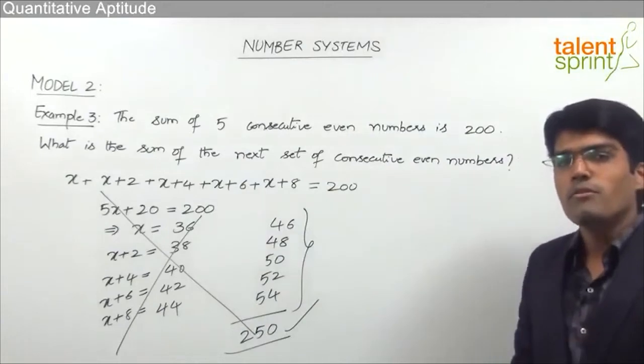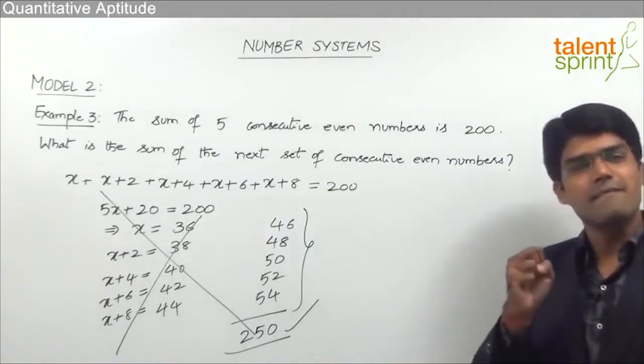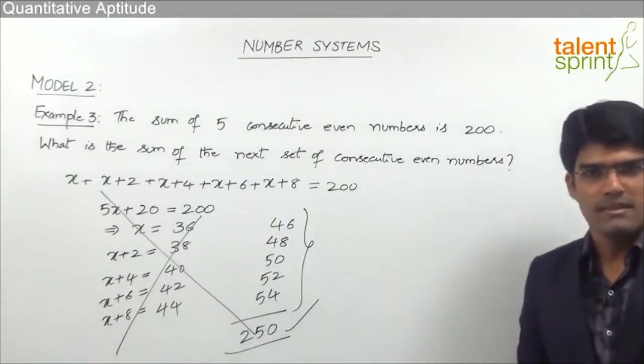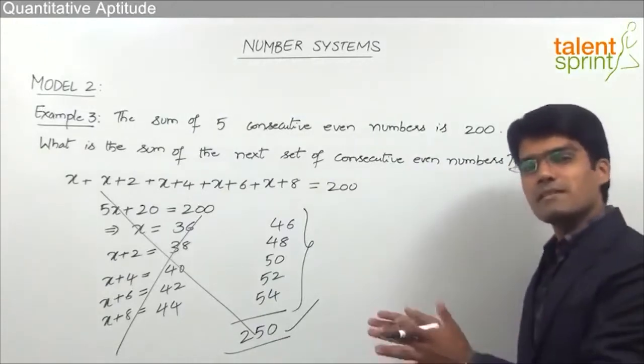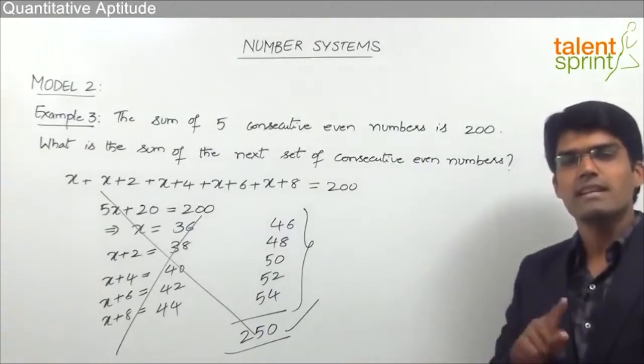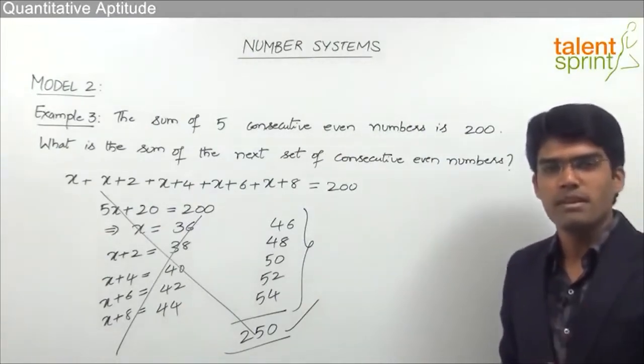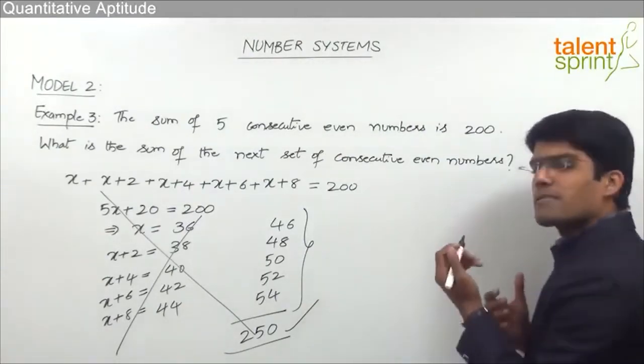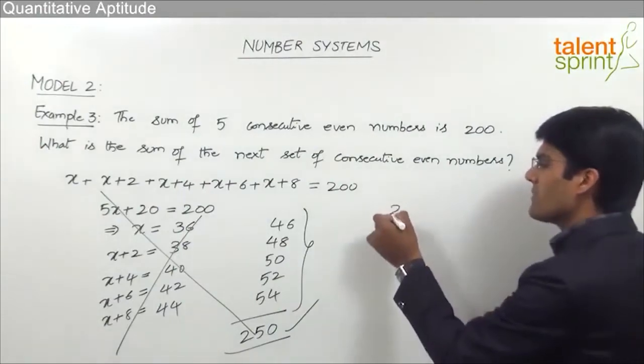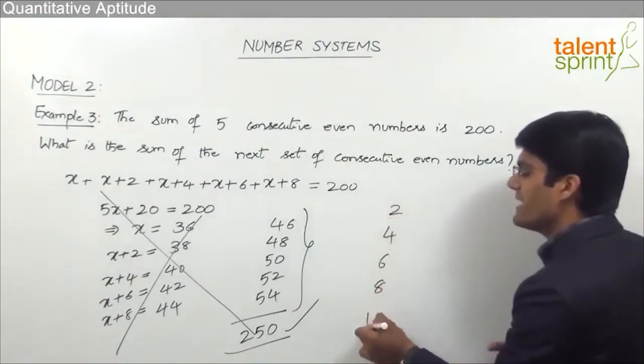The important point to be observed here is, if we take any 5 consecutive even numbers and then try to compare with the next 5 consecutive even numbers, we find that the difference between each pair will be equal to 10. For example, let's take the first 5 consecutive even numbers, 2, 4, 6, 8 and 10.